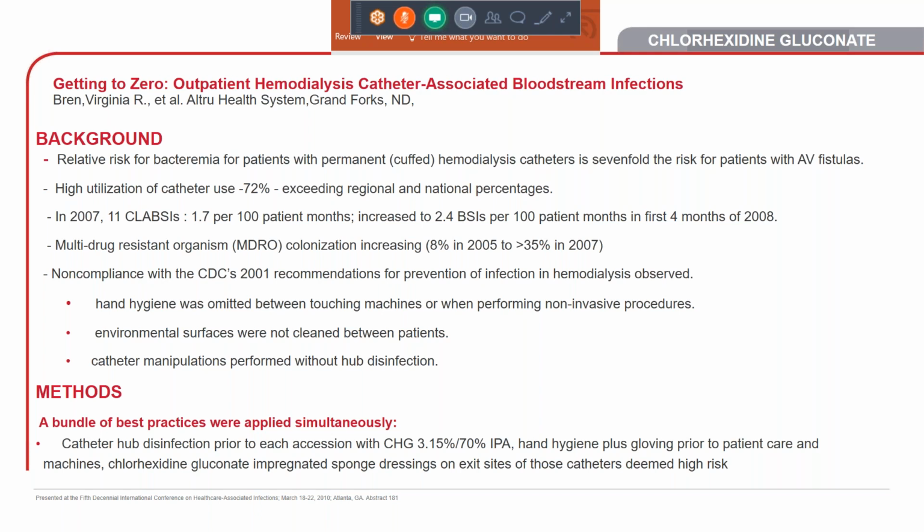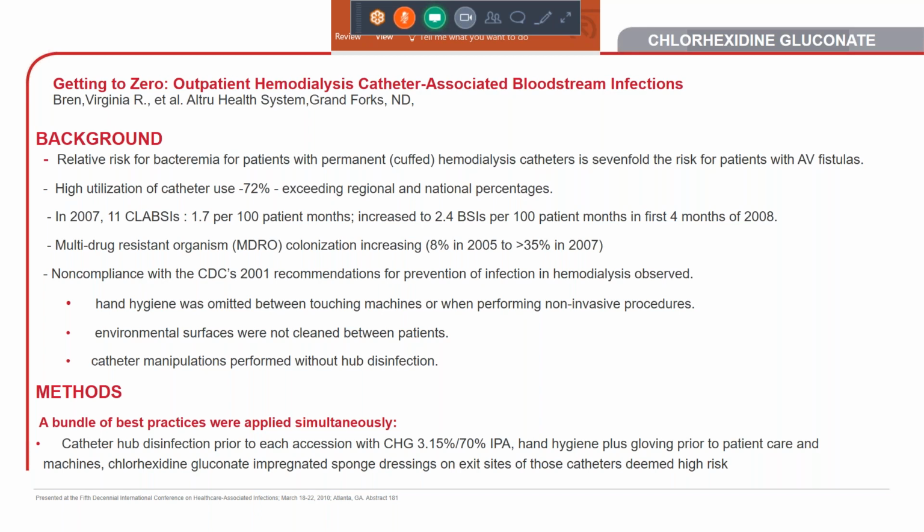And then they saw that increase to 2.4 BSIs per 100 patient months in the first 4 months of 2008. In addition to that, they were seeing an increase in the colonization with multi-drug resistant organisms among their patient population.